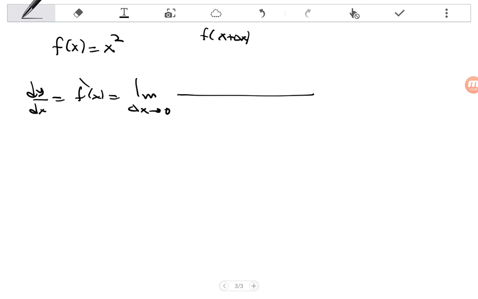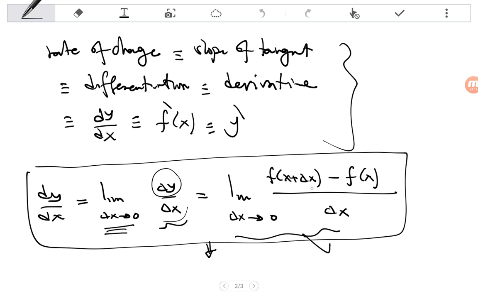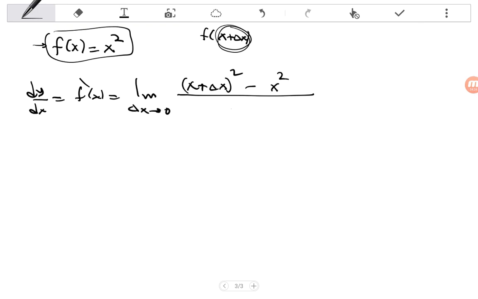What is f of x plus delta x in this case? This is just an expression for how f operates on its input. It squares it. So x plus delta x all squared minus f of x. I'm just applying the rule: f of x plus delta x minus f of x. So I write here minus x squared. All of that divided by delta x. Okay?